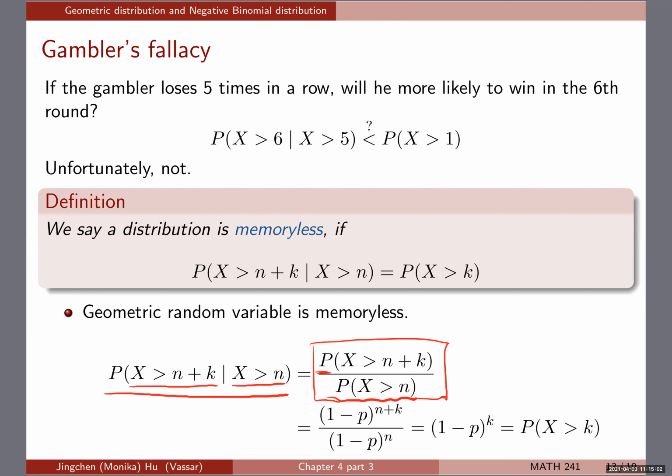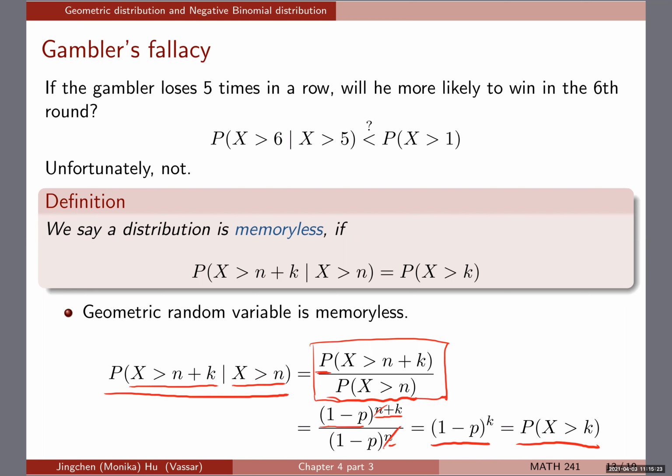So it's the failure probability 1 minus p to the power of n plus k, divided by the failure probability 1 minus p to the power of n. If we cancel out the n, it's going to be 1 minus p to the power of k, which is also just the probability of X greater than k.